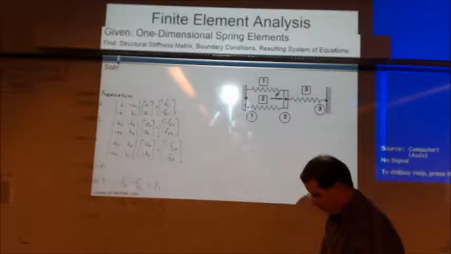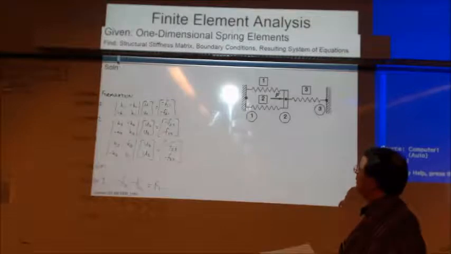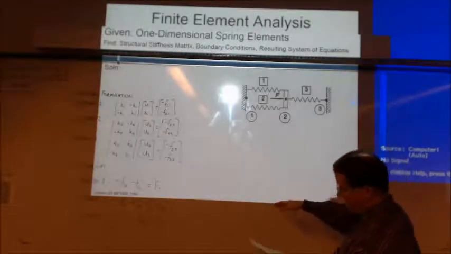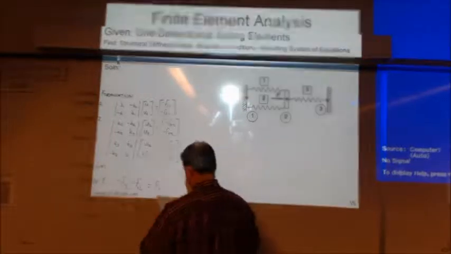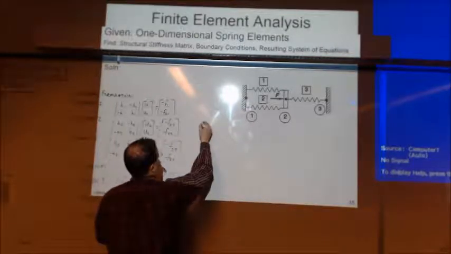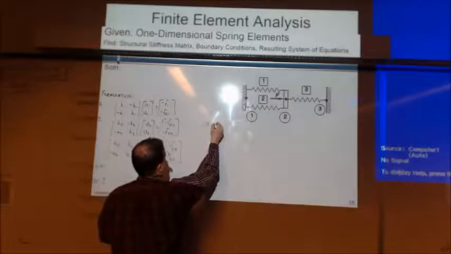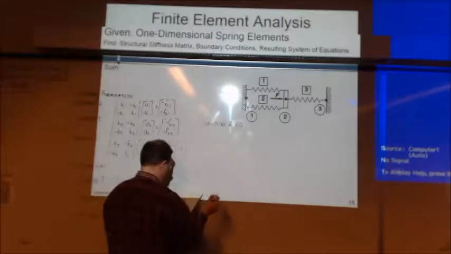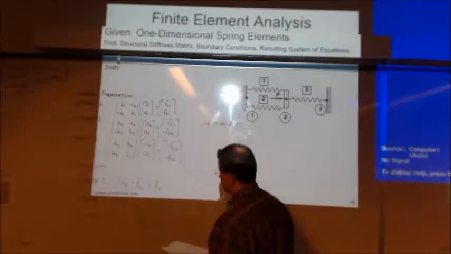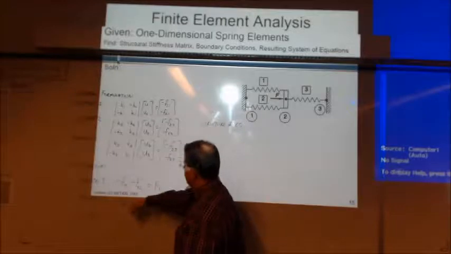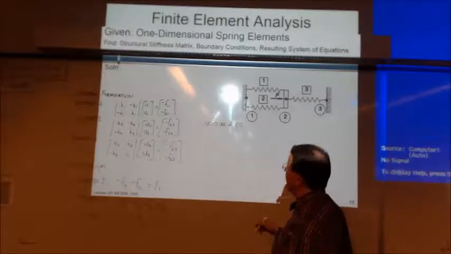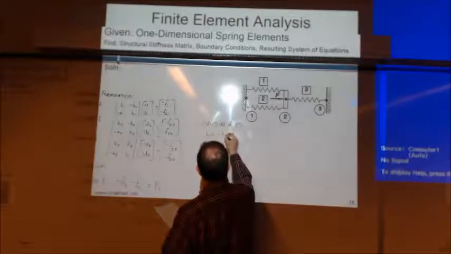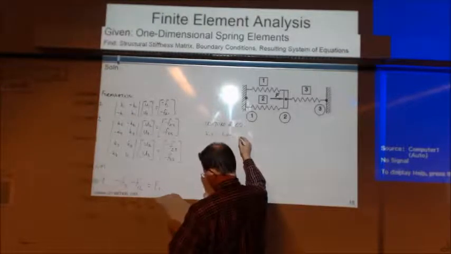Okay. So now we can do our structure equations. I guess I can do stiffness underneath that, and then our equations, right? So what's that going to look like? F1,1 is K1U1 minus K1U2. Yep.